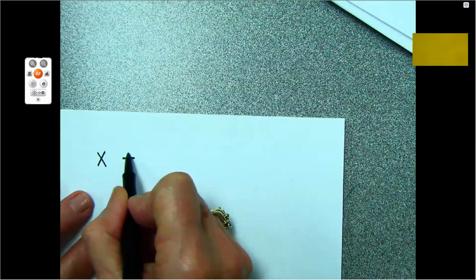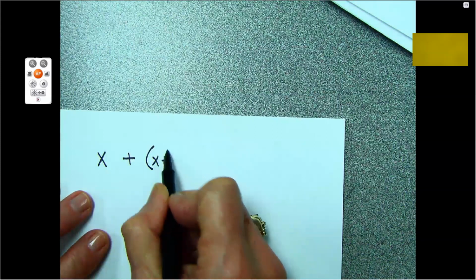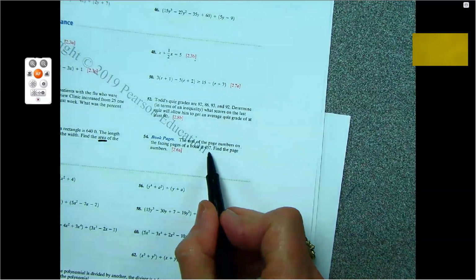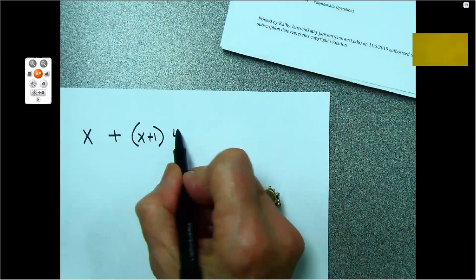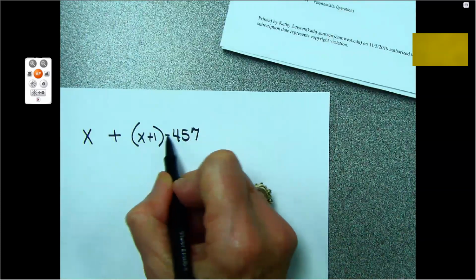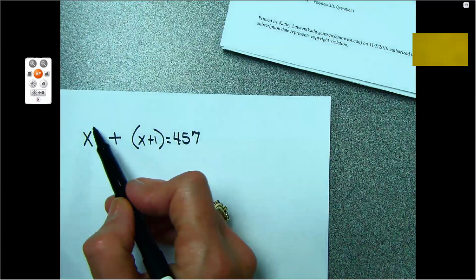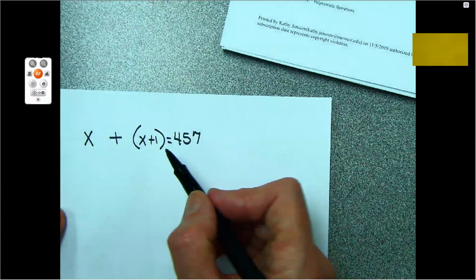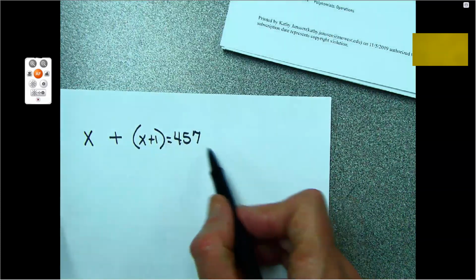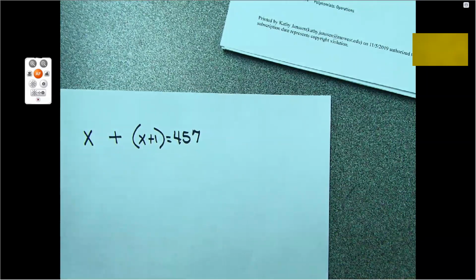So X plus X plus 1 is supposed to equal 457. So our first page number plus its next facing page number equals 457 when we add the facing page numbers.